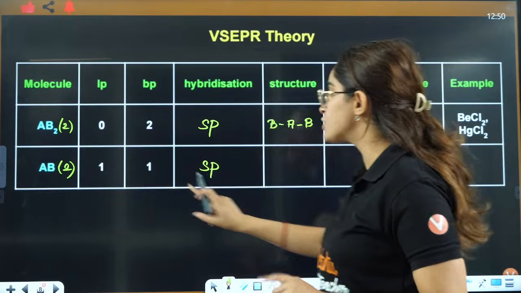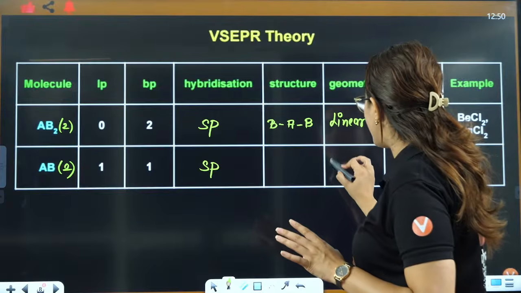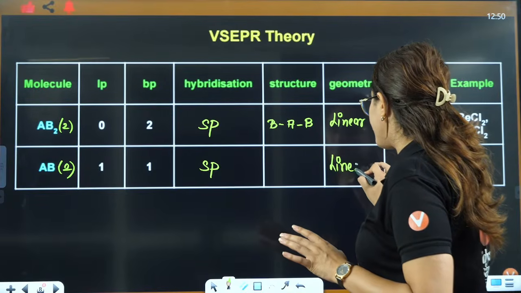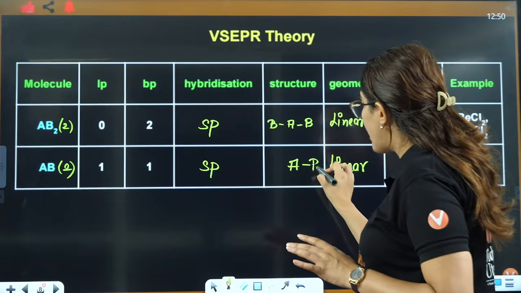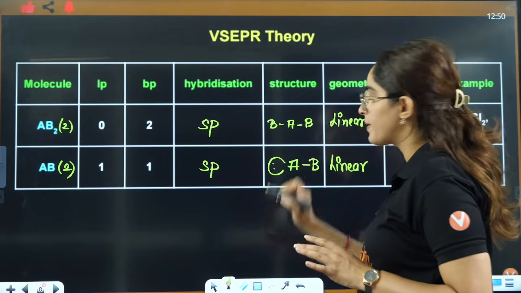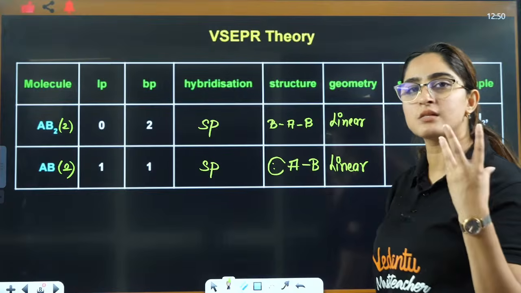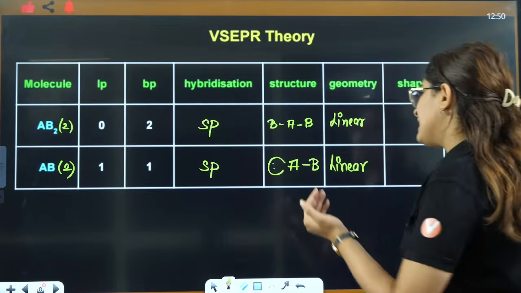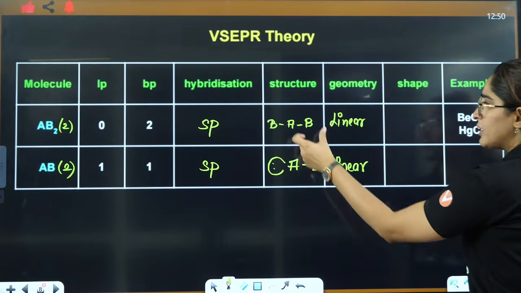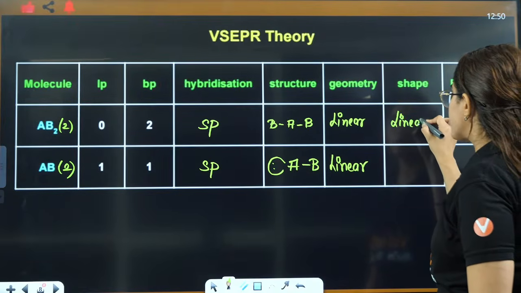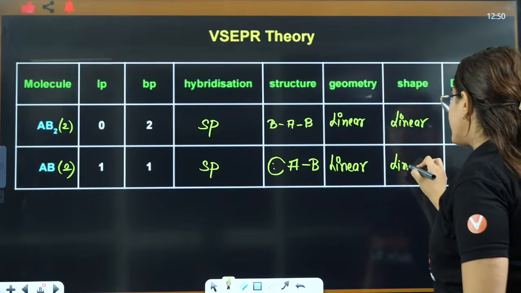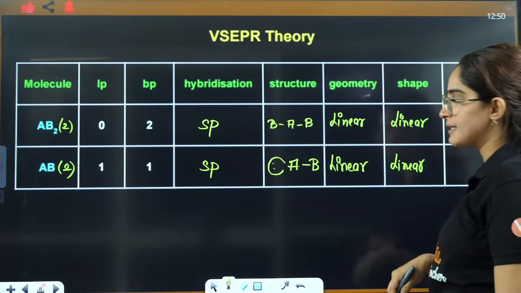If it is sp hybridization, geometry will be linear only, right? But here, one bond is there and one lone pair is there, so the structure has changed a bit. In this, you can see this is also linear, this is also linear. That is not a big thing.